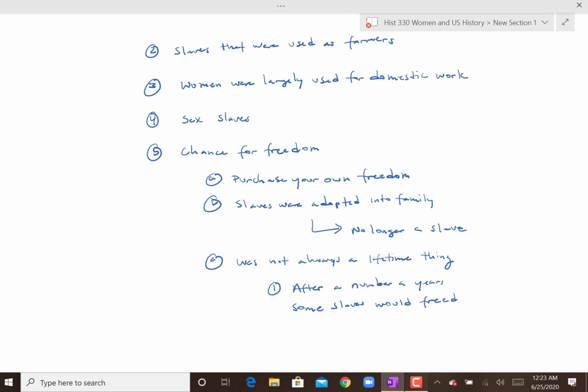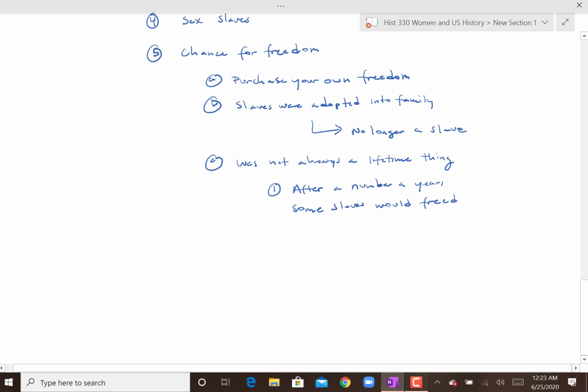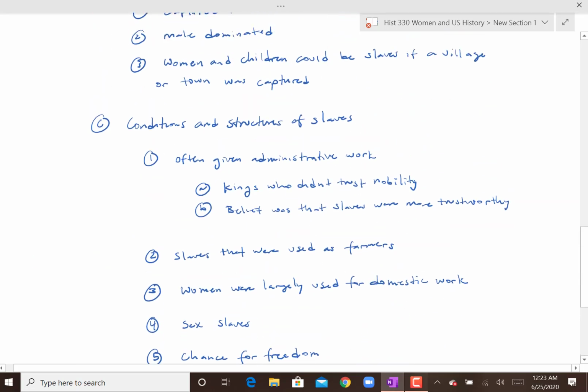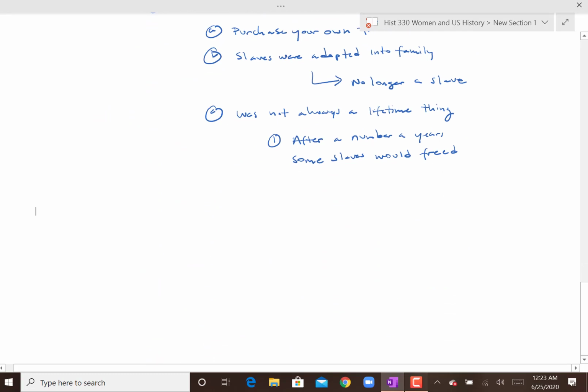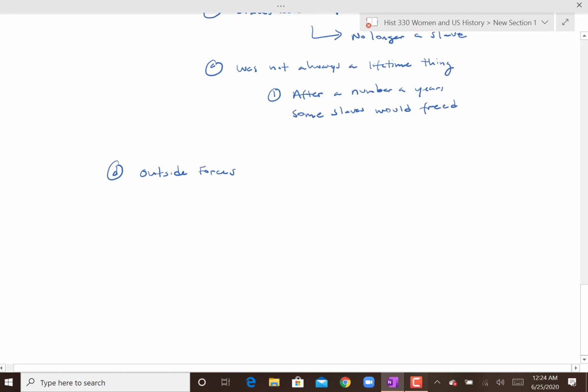So those are the basics of African slavery prior to Europeans showing up. Okay, and then we're going to look at outside forces. Well, this will be within African slavery, so we'll keep it with that. There are two main groups that came in and participated in the slave trade in Africa.